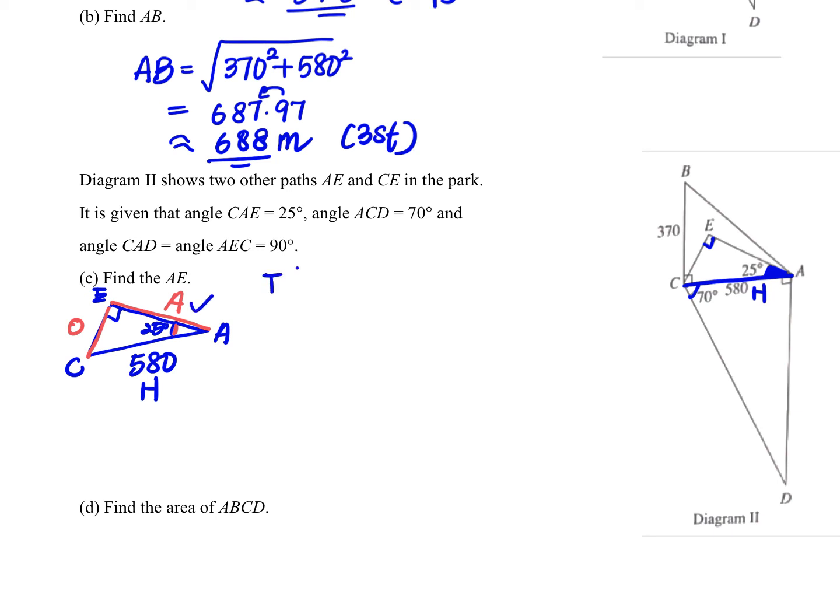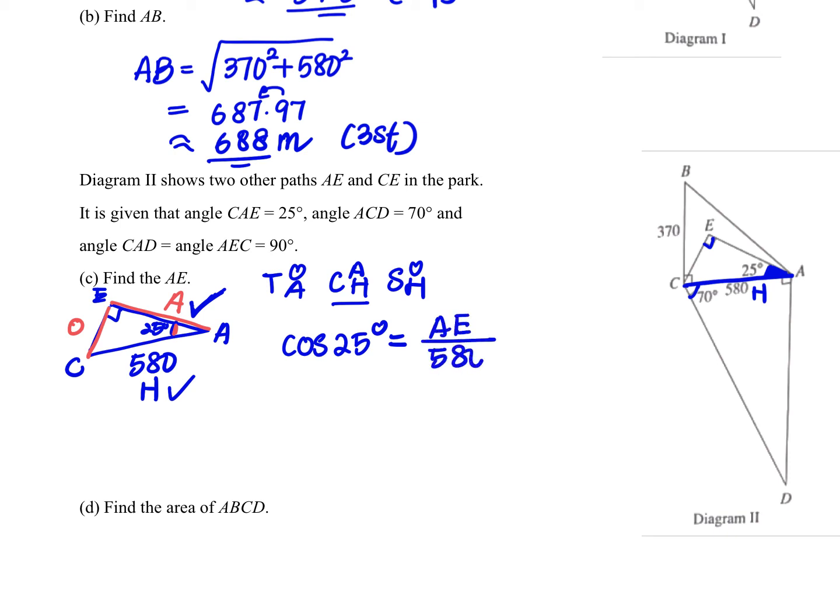Let's look at our trigo ratio. Tangent ratio, cosine ratio, sine ratio. So I want to find A, the adjacent, AE, and I have the hypotenuse, A and H. So that will give me the cosine ratio. So cosine of the angle 25 degrees is adjacent, which is AE, over my hypotenuse 580.